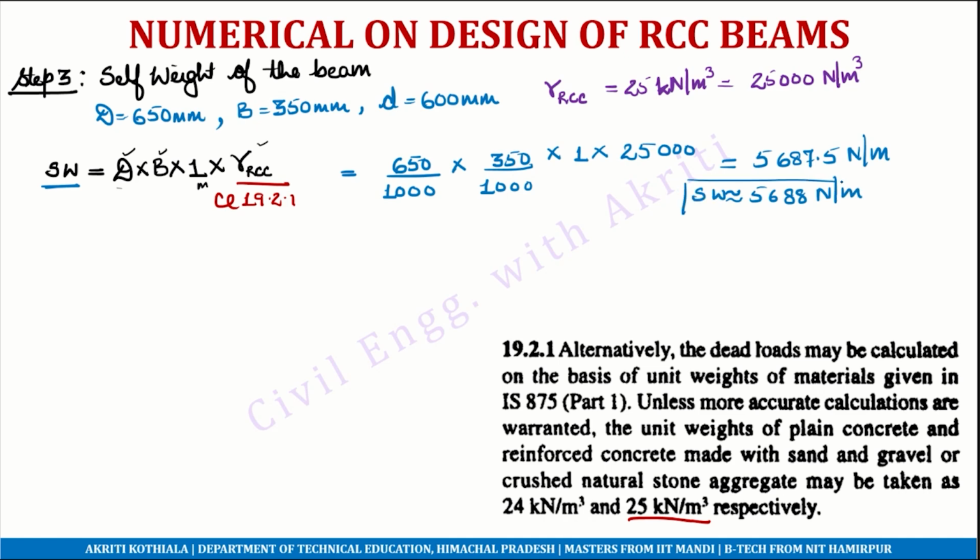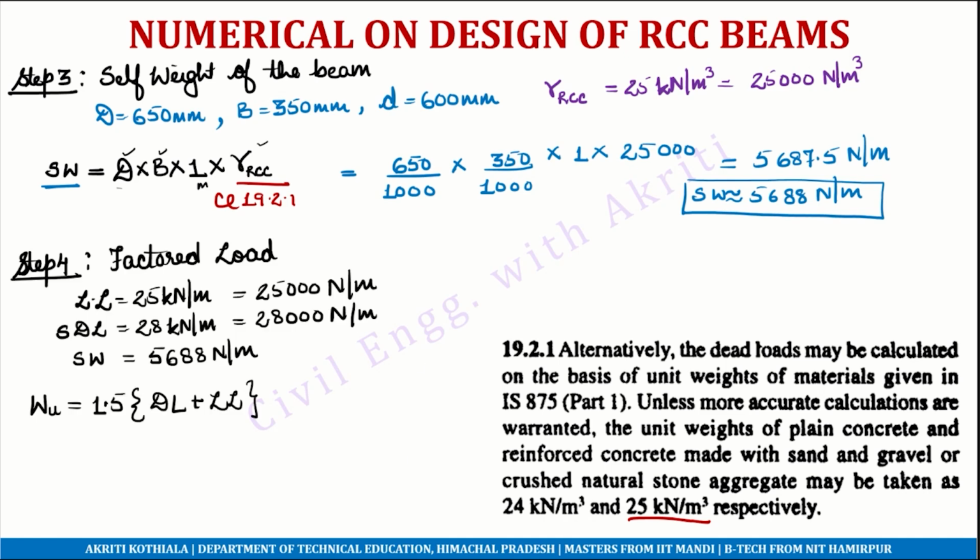Now we can move on to the next step, where we calculate the factored load. We have the values of live load and superimposed dead load given in the question, and we have calculated the value of self weight. The self weight and the superimposed dead load compute to the total value of dead load, which is the sum of these two values.